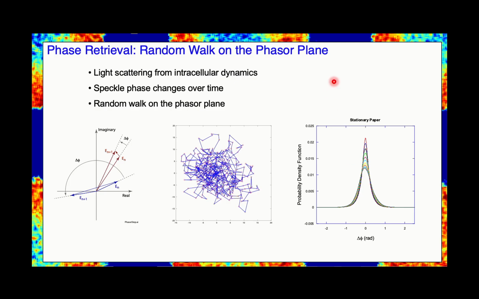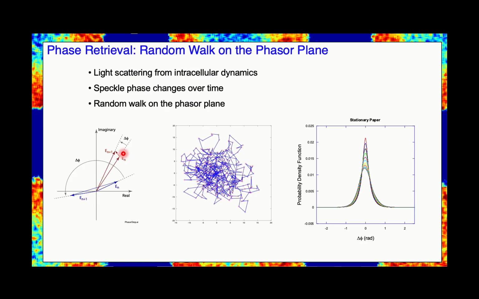So what we're tracking is the fact that the electric field is undergoing a random walk on the phasor plane. Now this is a completely different random walk from what's going on inside the living tissue. In the living tissue, you have this active transport that is doing the random walk with long persistence. And then when we're doing our reconstruction and we're looking at our electric fields and they have real and imaginary parts, there's a phasor.